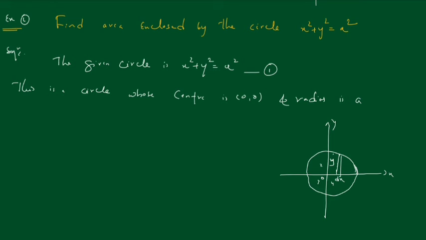By using the strip we have to find the area of this region. Here, at x equals 0 it is point B, 0 comma a, and point A is a comma 0, that is x is a.